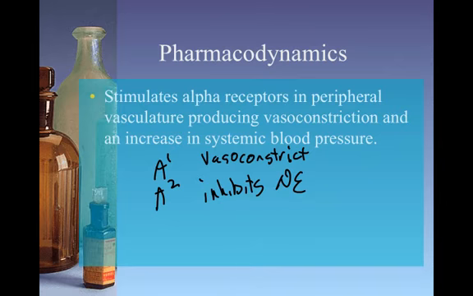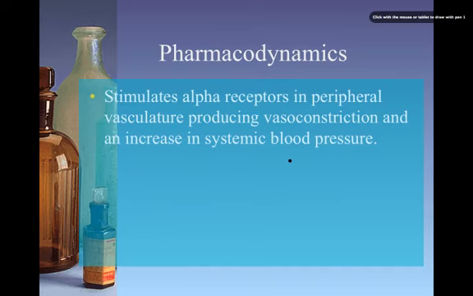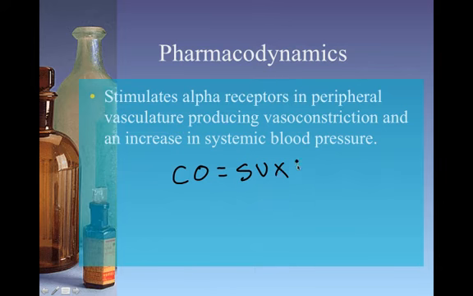Now when we look at cardiac output, it equals stroke volume times heart rate. In that stroke volume there are a couple more equations, one of those being peripheral vascular resistance and the amount of fluid that you have in the system.